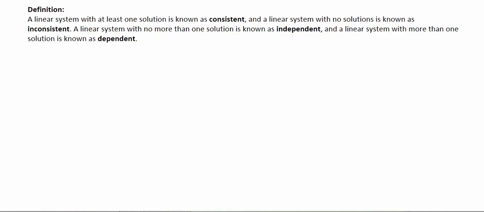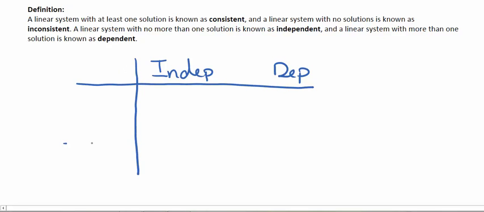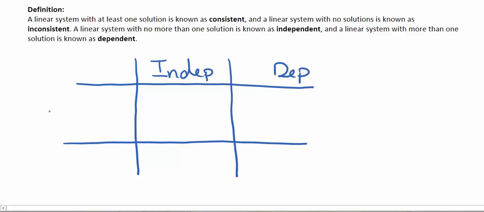So these are a lot of definitions, but we can organize them and see exactly what's going on here. So let's make a chart. On the top we'll have independent and dependent. And then on the side, consistent and inconsistent. And we'll look at the different possibilities with each of these.